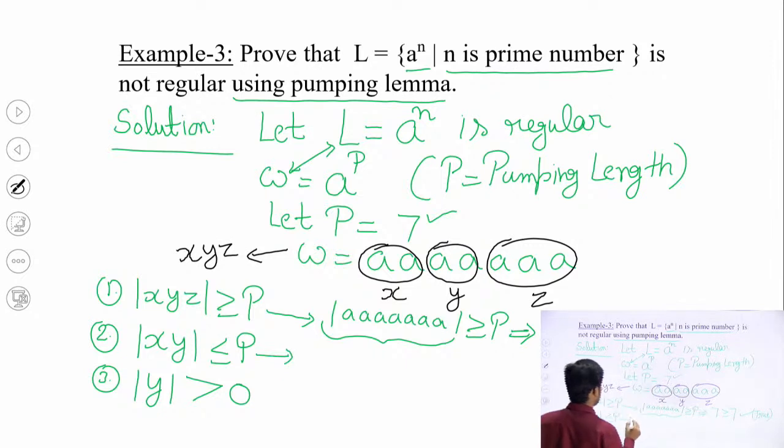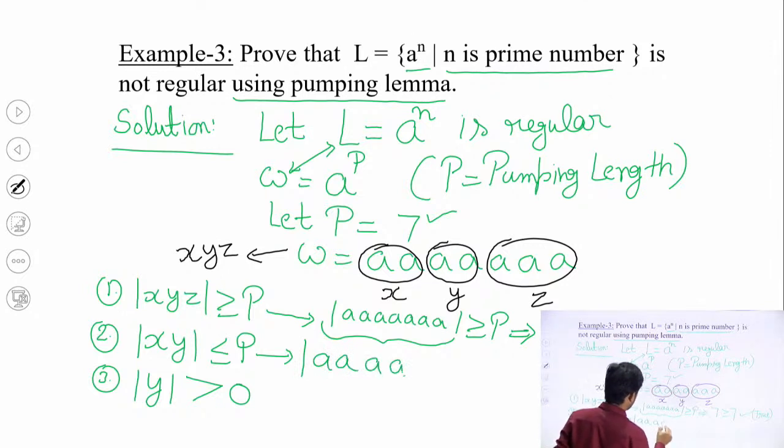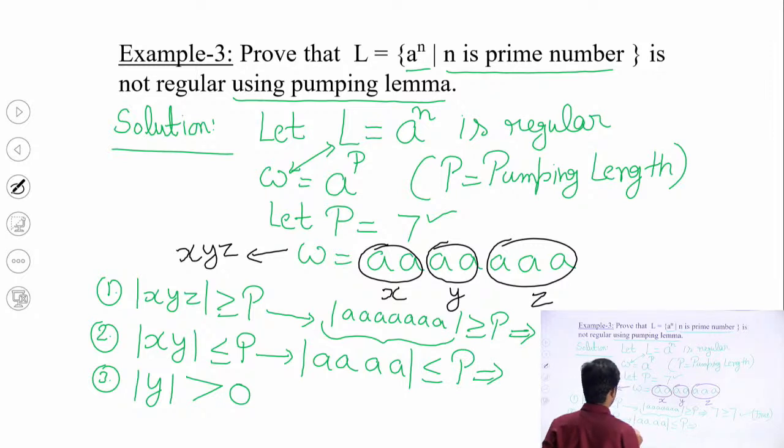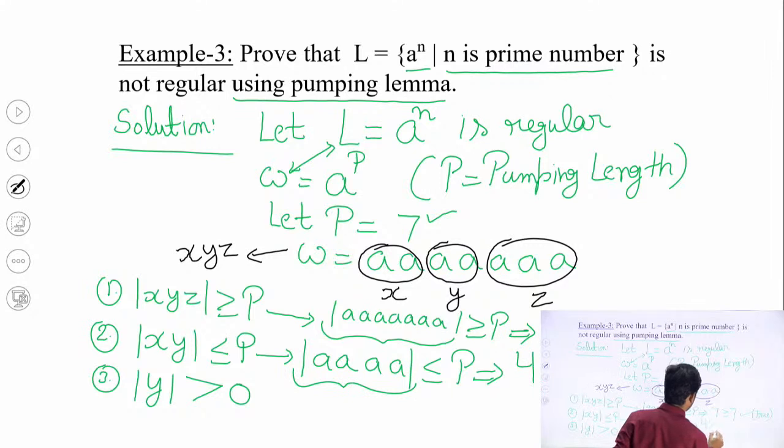Now see the second: what is x? x is a, and what is y? a. Is less than or equal to p. The length of 4 times a is 4. 4 is less than or equal to 7. This condition is also true.